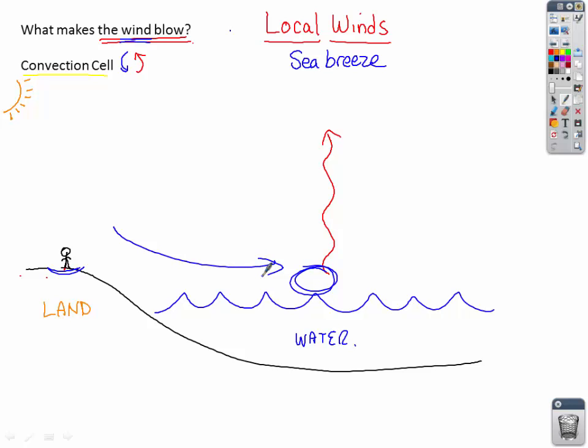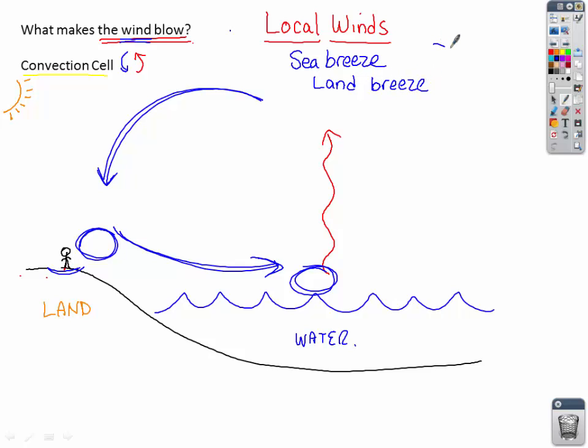This time it's getting replaced from the land. It's getting replaced from above. So now you have another convection current, this time in the opposite direction. It's coming from the land, so we call this a land breeze. All right. So these are two types of localized wind that we're talking about in relation to convection current.